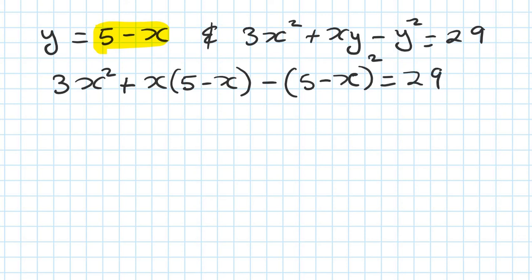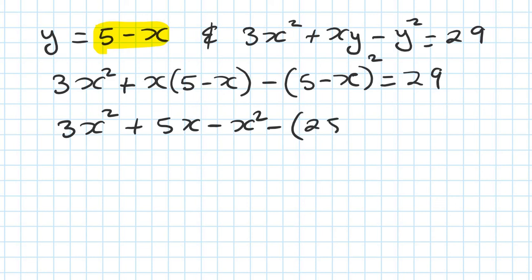Now I'm going to remove the bracket, of course. So that becomes 3x squared plus 5x minus x squared, minus, open bracket, this is a perfect square, so you square the 5, which gives me 25, then 5 times x is 5x, you double it, times 2, which is minus 10x, and plus x squared, and is equal to 29.